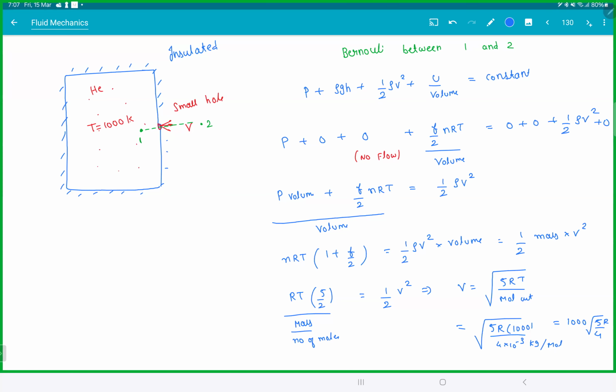Thermodynamics, KTG, fluid mechanics, modified Bernoulli's equation. So the main idea here is the temperature changes.